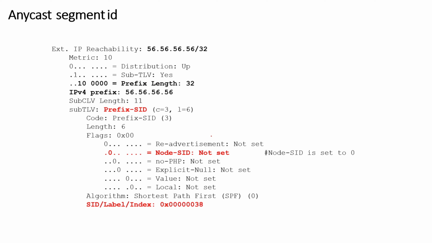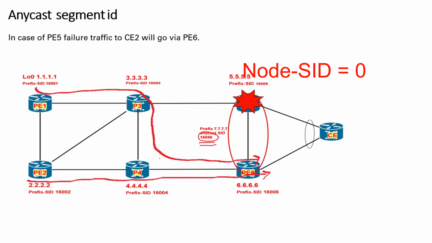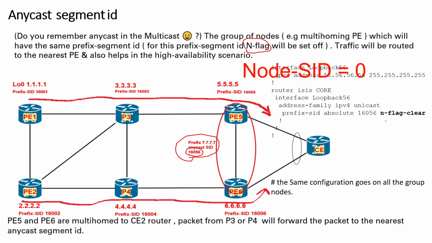This is just a snippet for that anycast prefix. Let's say we have configured 56.56.56.56. This is the prefix-SID. You should note it here. This is also a prefix-SID with the node bit set as 0. As we saw in the earlier configuration, here we need to clear that node flag because this is for a group of routers, not for a single router.